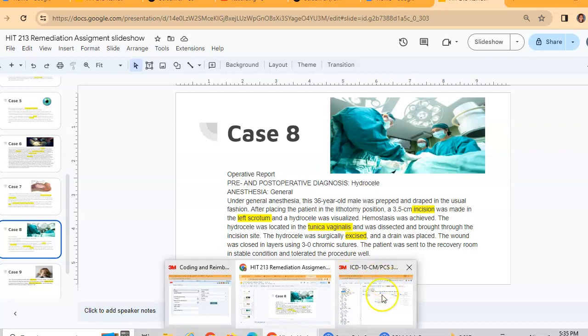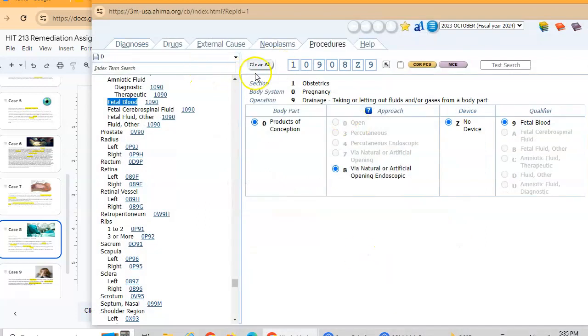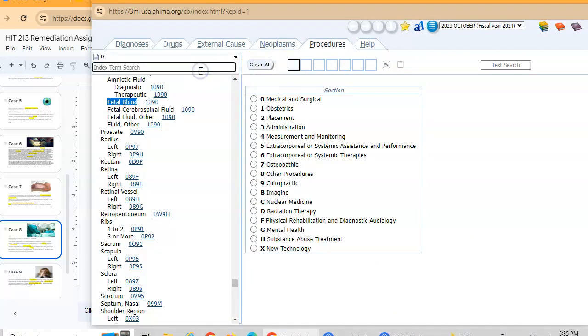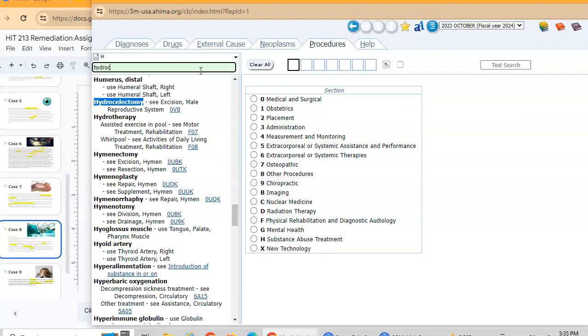So for this one, we could try hydrocelectomy.